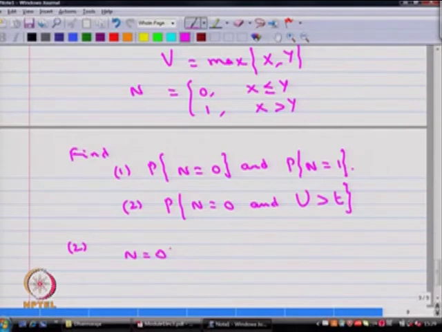The event N is equal to 0 and capital U takes a value greater than t, that is exactly the event of t less than capital X less than or equal to capital Y. The event N is equal to 0 and capital U greater than t, that is same as t less than X less than or equal to Y.